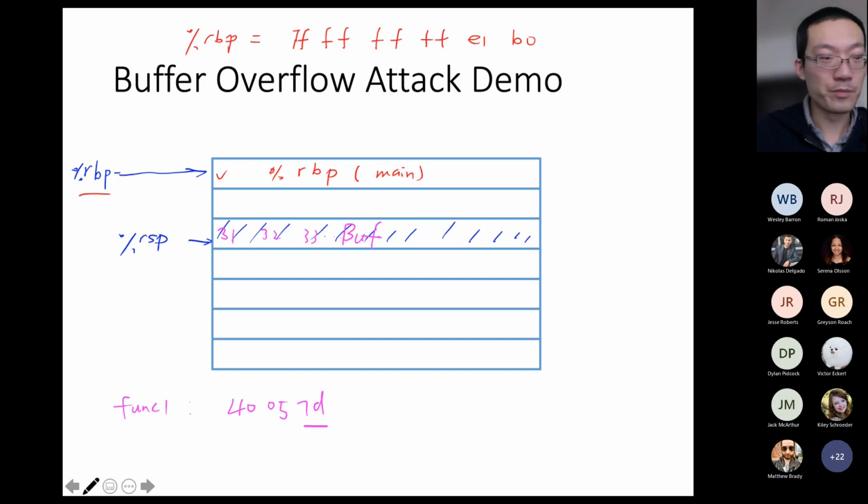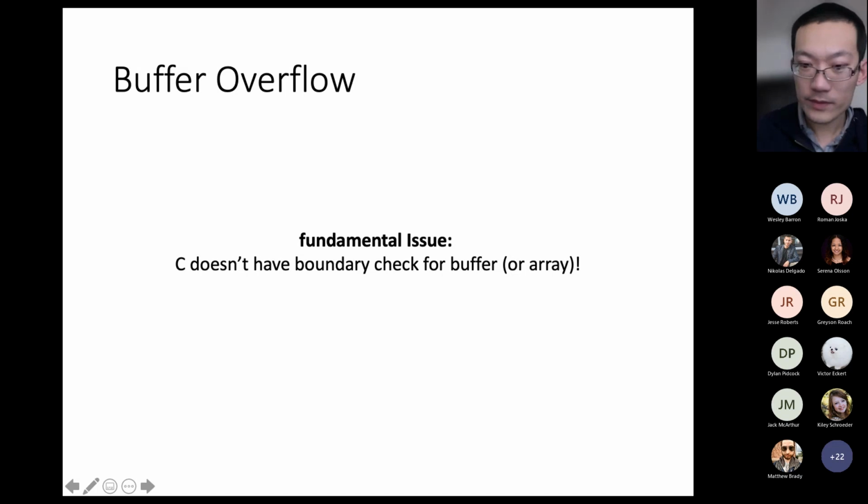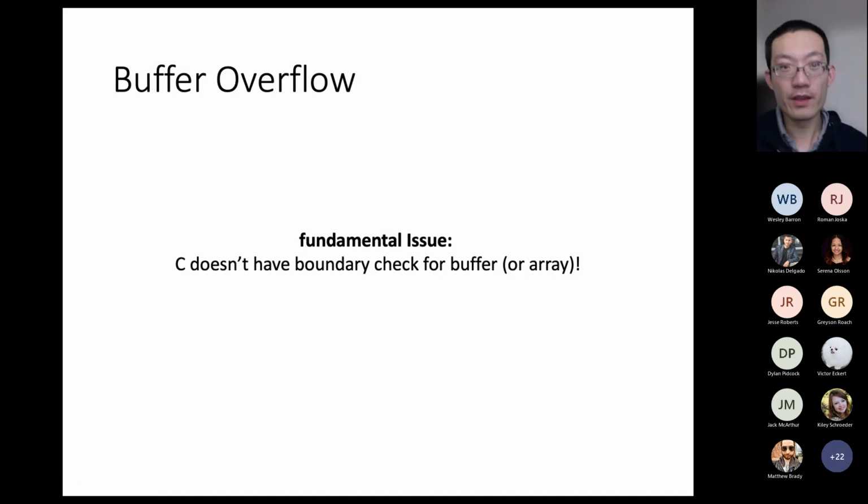Okay, let's continue about buffer overflow. If we look at the program, the fundamental issue is that C doesn't have a boundary check. We have 8 characters, and we allow the user to give inputs to write into these buffers, but we didn't check the boundary of the buffer.